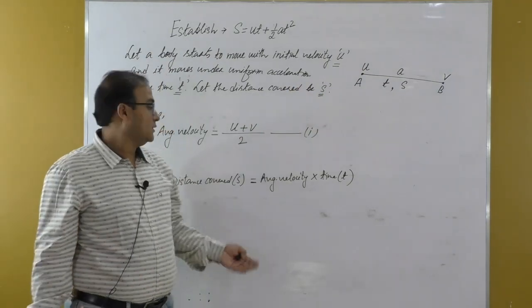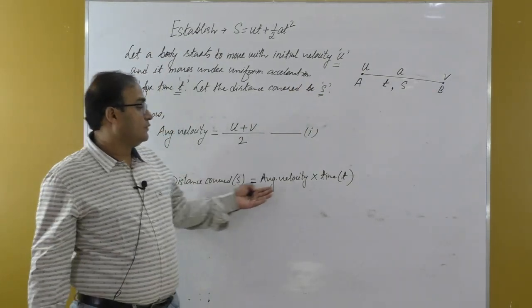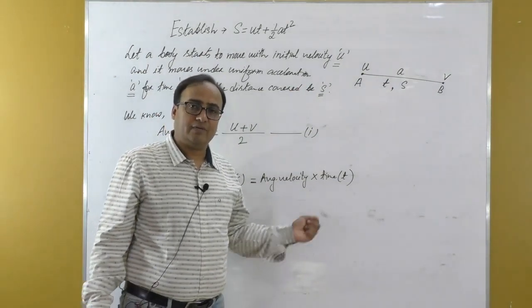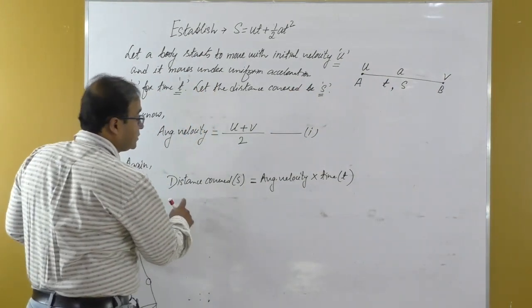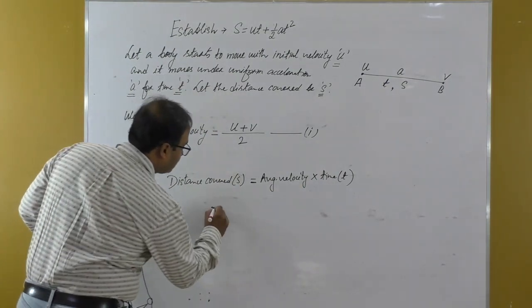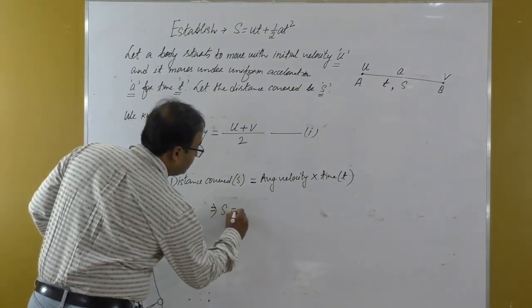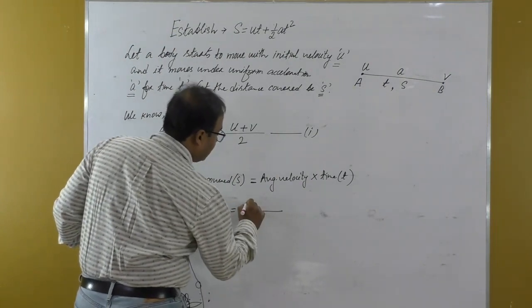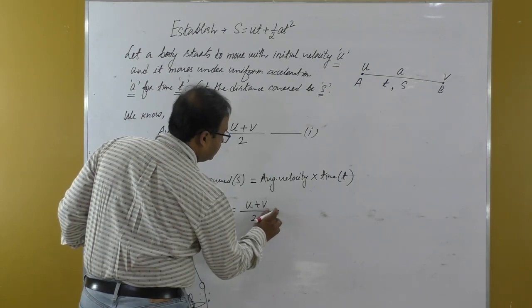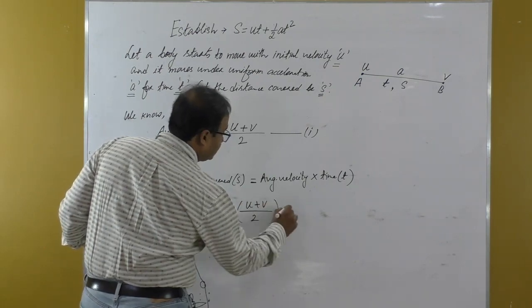In that case, distance equals velocity into time इस formula में velocity कौन सा लेना होगा हम लोग को? Average velocity. So distance covered is equal to average velocity into time. So we can write s equals, for average velocity, u plus v by 2 into t.